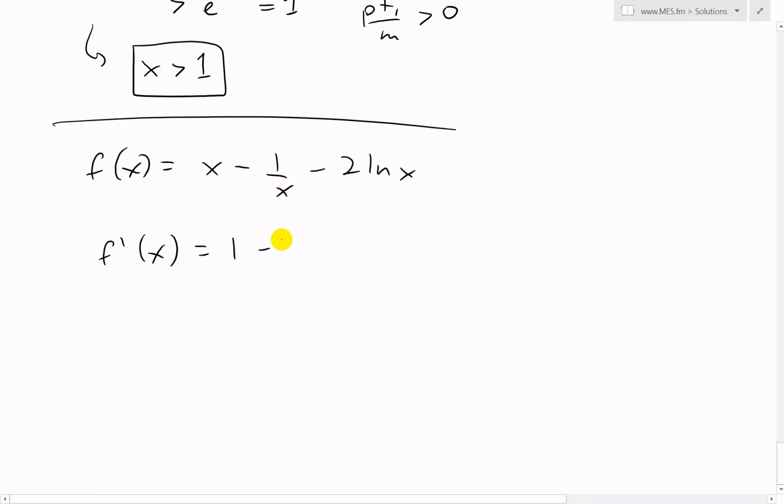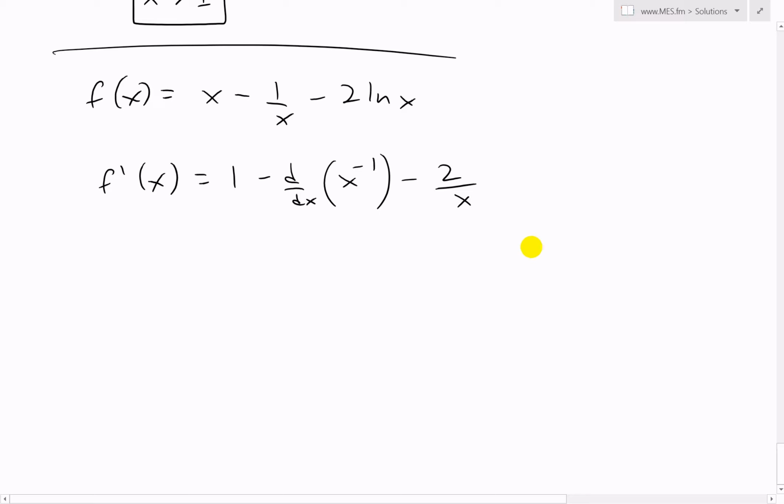This is the same thing as writing x to the power of negative 1, so we'll take the derivative of it afterwards. Then 2, and the derivative of ln x is just 1 over x, so we have 2 over x. I wrote it like that because it's easier to take the derivative.